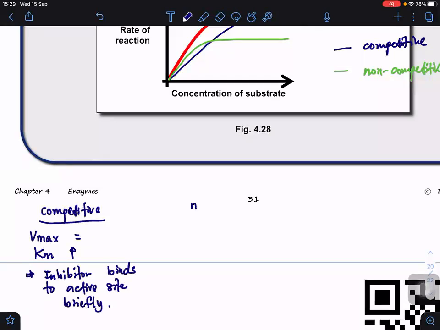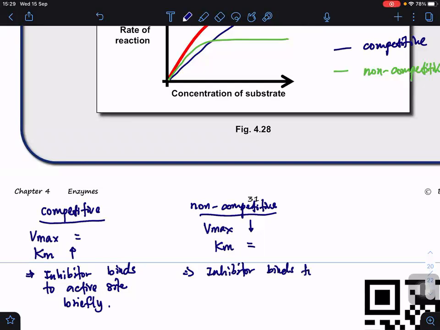And then for non-competitive inhibition, Vmax now becomes lower and Km remains the same. So this is only applicable to the inhibitor that either binds to the active site or allosteric site tightly or permanently.